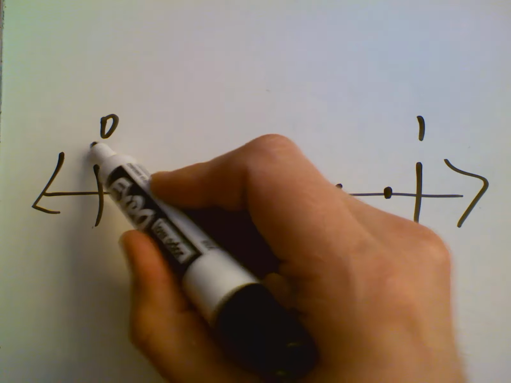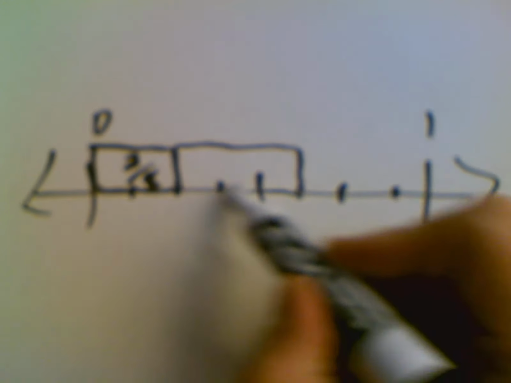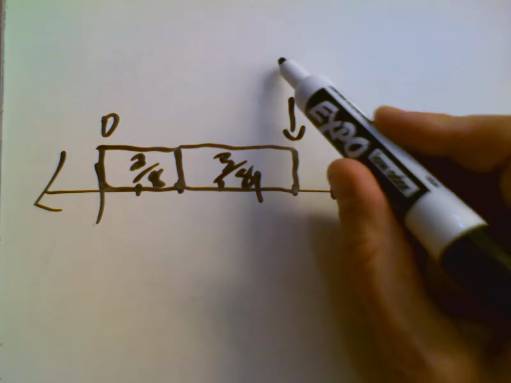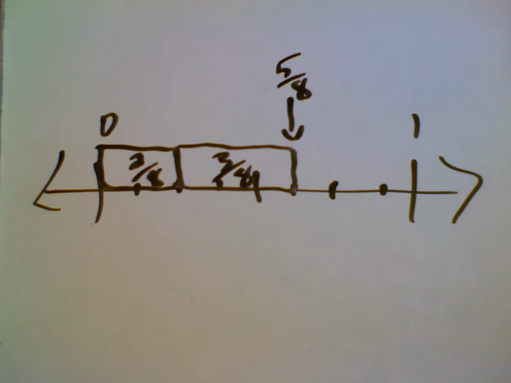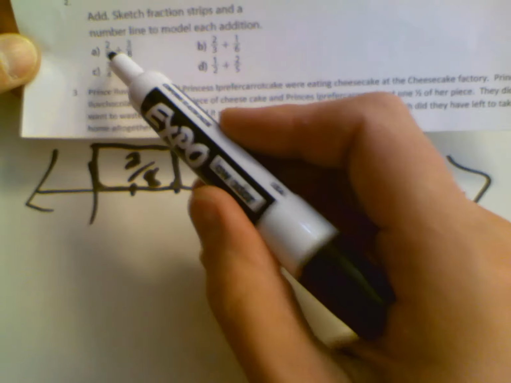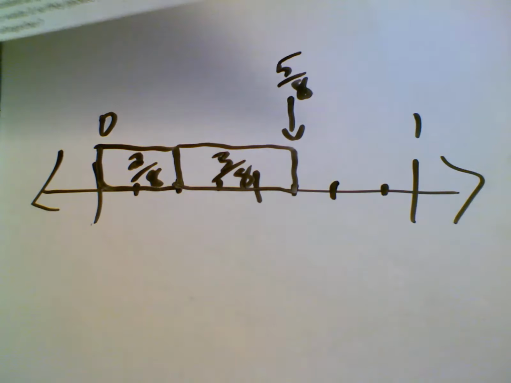So I have 2/8 plus 1, 2, 3/8 equals 5/8. 2/8 plus 3/8 equals 5/8.